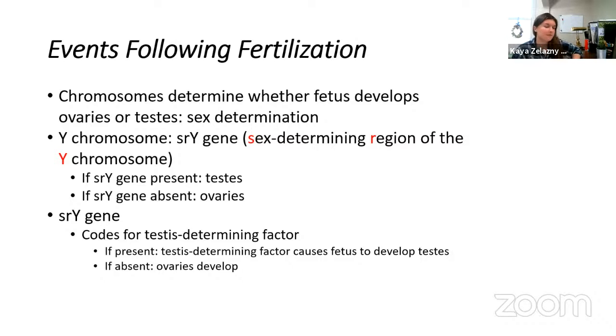What you develop is a female reproductive system if this SRY gene is absent and therefore there's no testis determining factor present. So females develop because they lack a Y chromosome, so they only have X chromosomes. They usually have 2 of them. With the absence of this SRY gene, they develop ovaries.